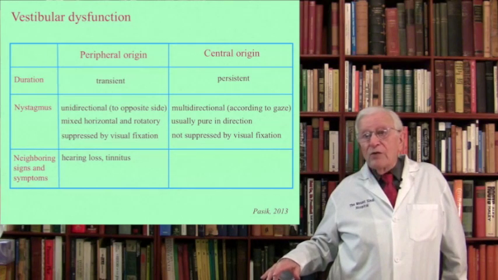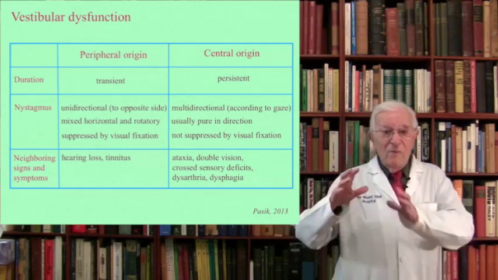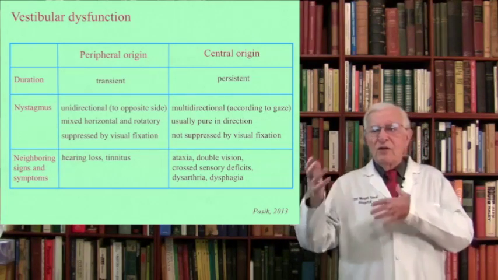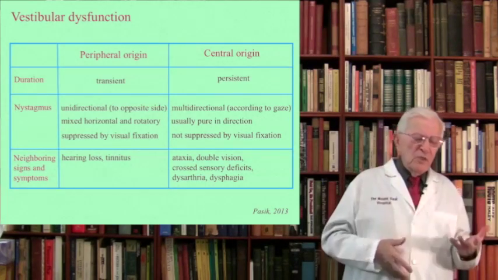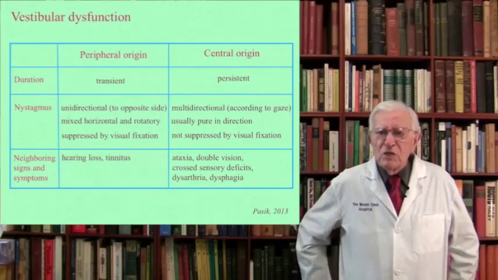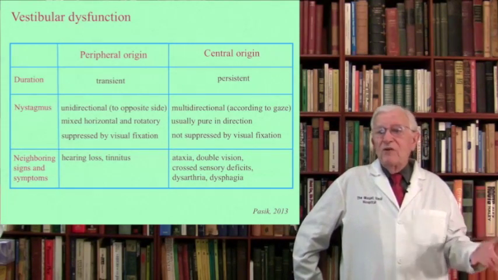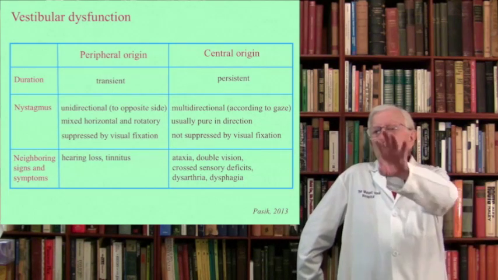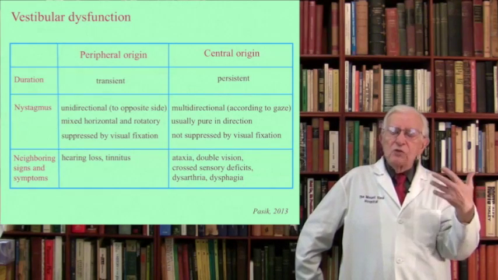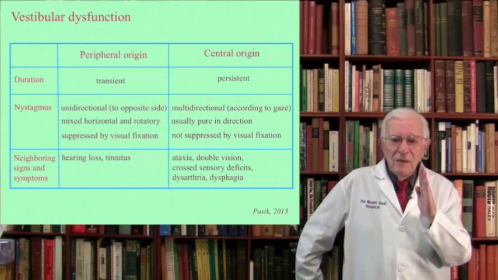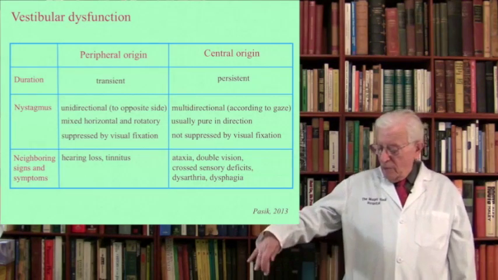On the other hand, in the central origin, you have many things. Remember, in the lateral medullary syndrome, you have the cross-sensory deficits, you can have dysphagia, problems in swallowing, problems in articulation of speech, double vision, ataxia, a slew of symptoms very characteristic of the central nervous system. So if you have these differentiations in mind, very rapidly, when a person shows a vestibular dysfunction, you'll be able to lead yourself into a peripheral problem or a central problem.